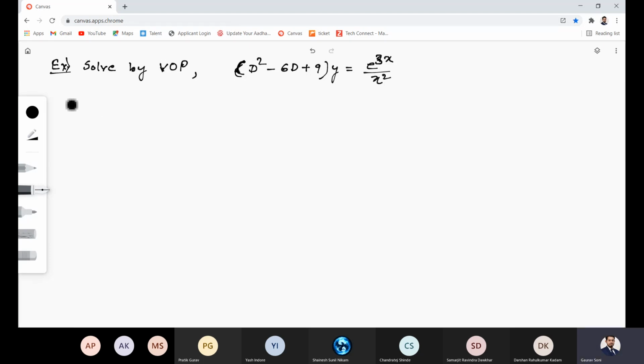Okay, so for variation of parameter, first of all, the auxiliary equation d square minus 6d plus 9 equal to 0. This gives me d is equal to 3, 3. You can check it using your scientific calculator.